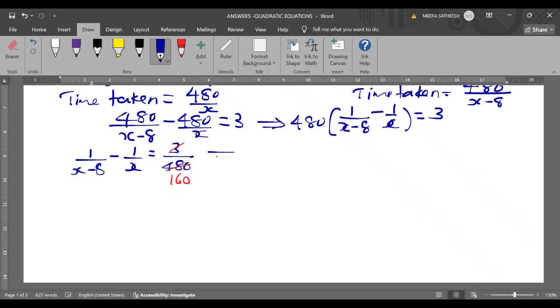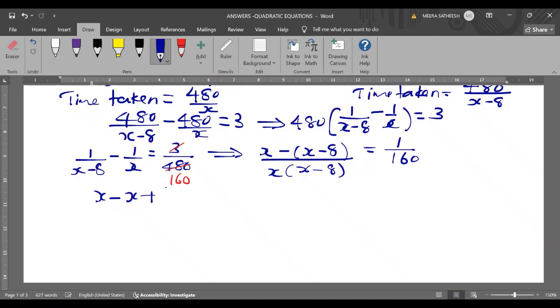Now, take the LCM here. So, x minus x minus 8 divided by x into x minus 8 equal to 1 by 160. Now open the bracket. x minus x plus 8 by x square minus 8x equal to 1 by 160. Now here x minus x cancels.